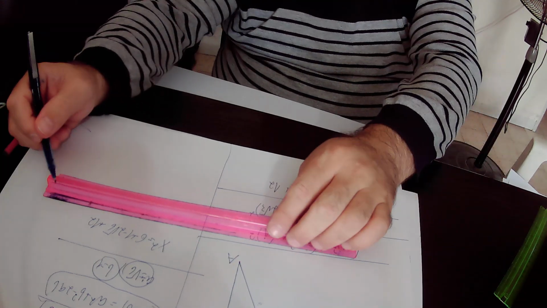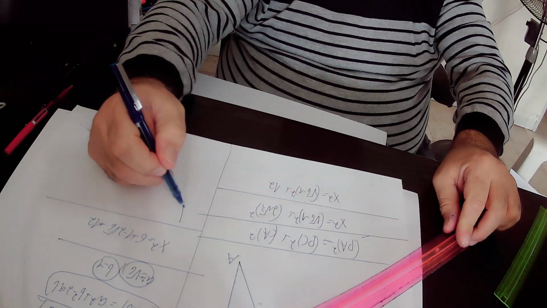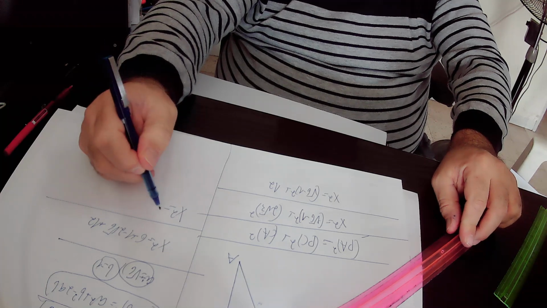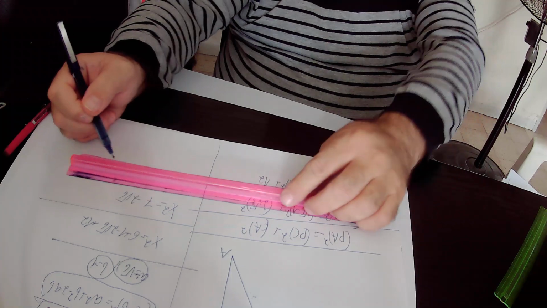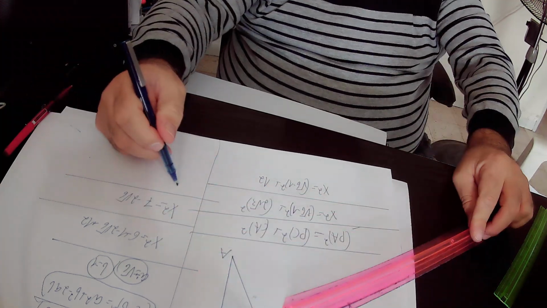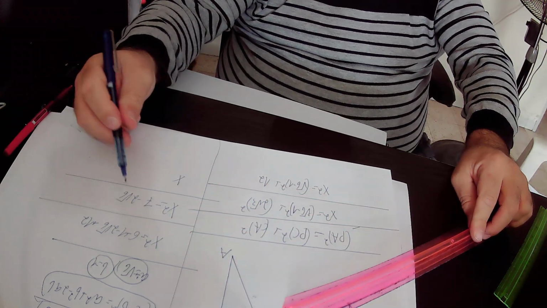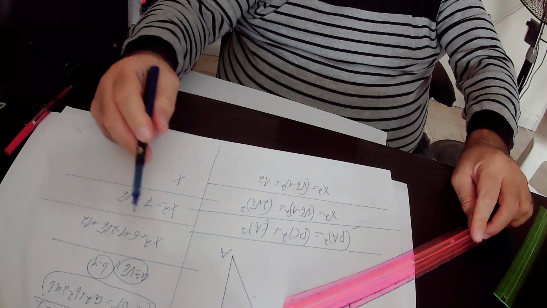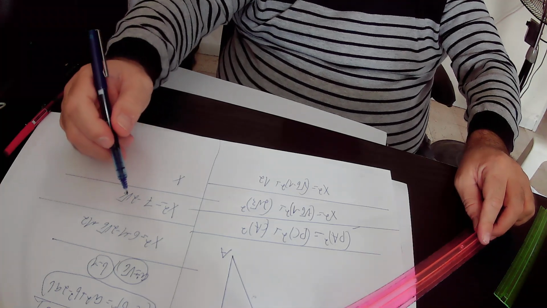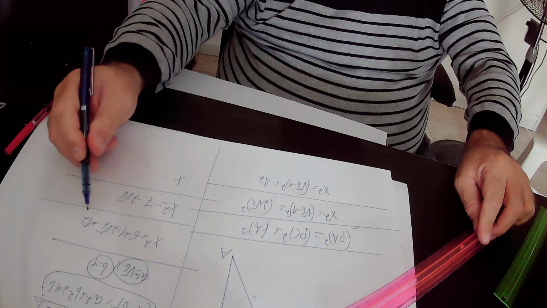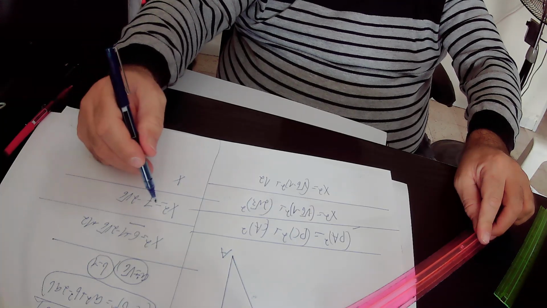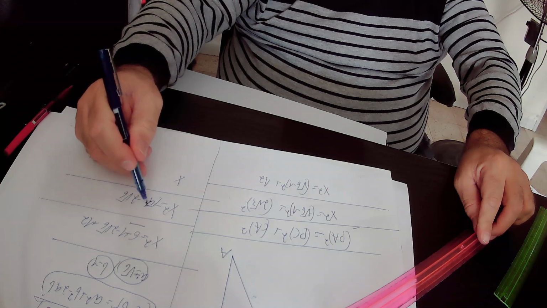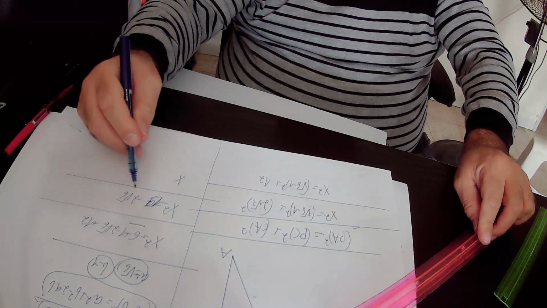Here 6 plus 1 is 7, and 7 plus 12 is 19. So X square is 19 minus 2 times square root of 6.